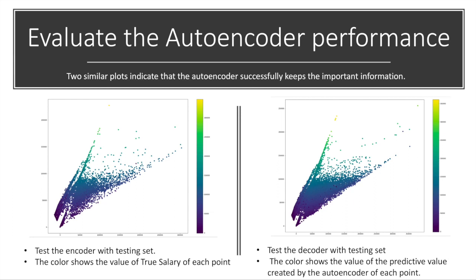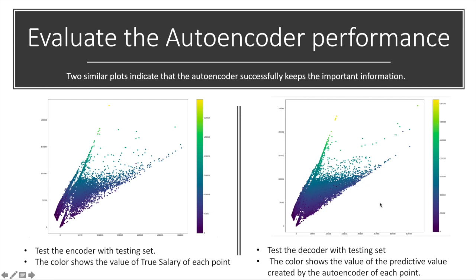Okay, so let's evaluate the autoencoder performance. There are 2 plots. The plot on the left is the test encoder with the testing set. The color shows the value of true salary of each point, and the plot on the right is the test decoder with the testing set.